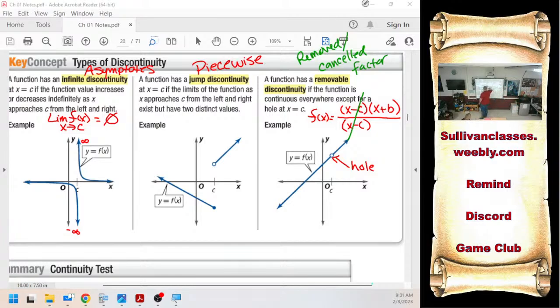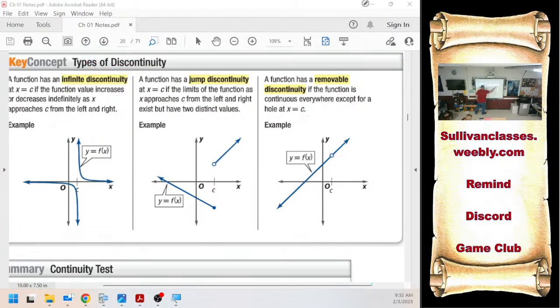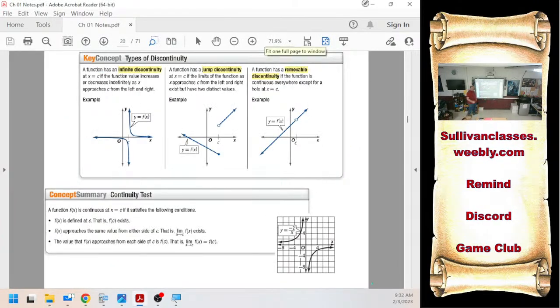So those are our types of discontinuity. You say, well, why did we do all this limit stuff and then talk about this? Look below that. Just like with the symmetry test, there is a continuity test. For a function to be continuous, it has to meet 3 criteria.